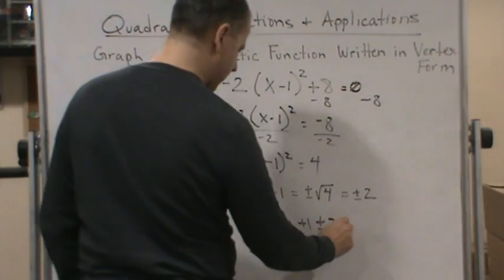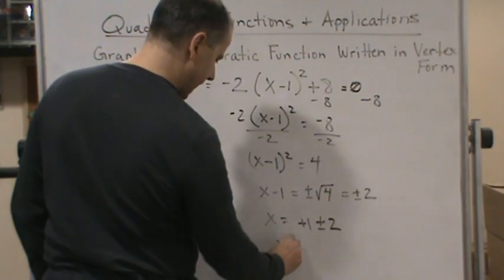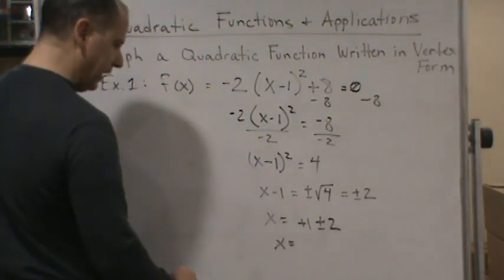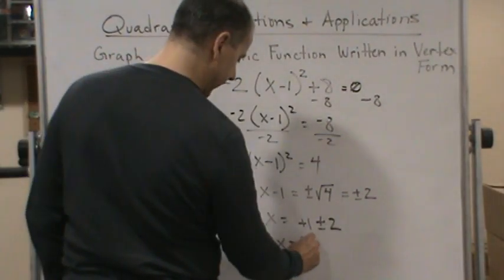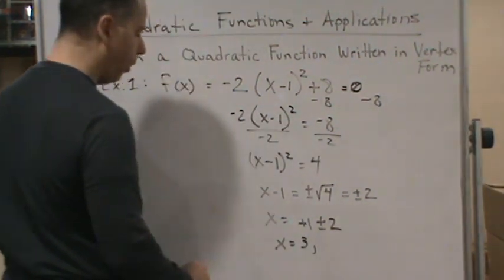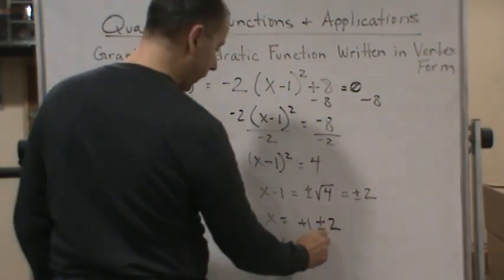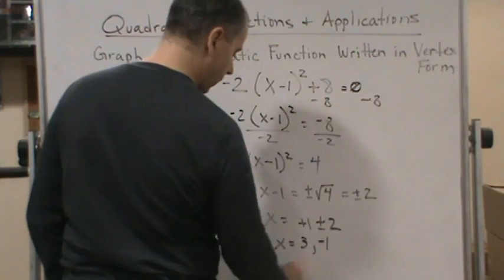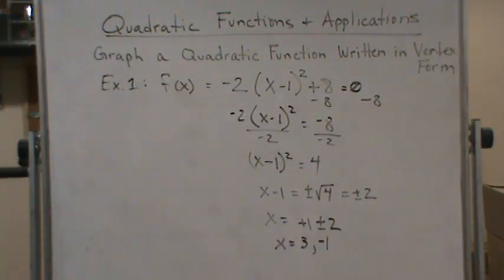So that means x is going to equal either 3 or -1. So those are the x-intercepts.